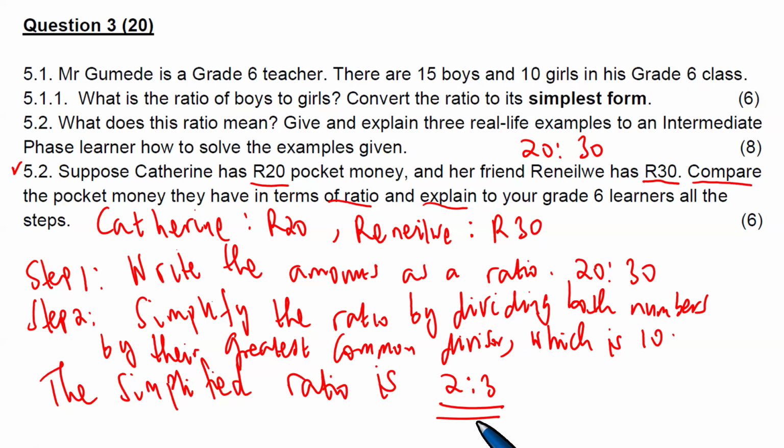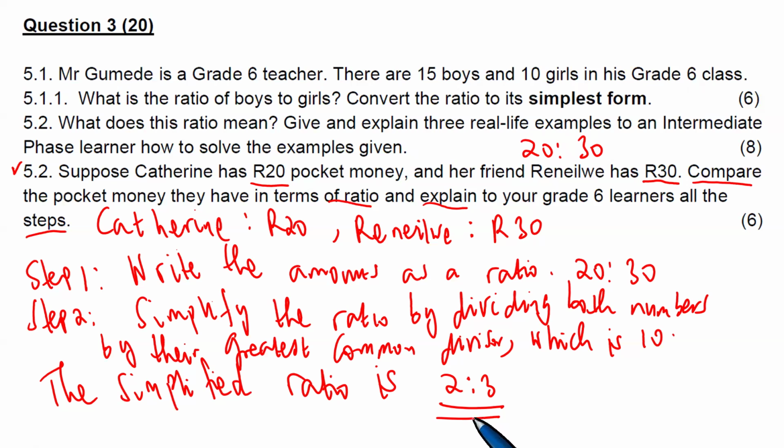Because they said compare the pocket money they have in terms of ratio and explain to your grade 6 learners all the steps. So we went through step 1, write the amounts as a ratio, 20:30, and simplify it to 2:3.